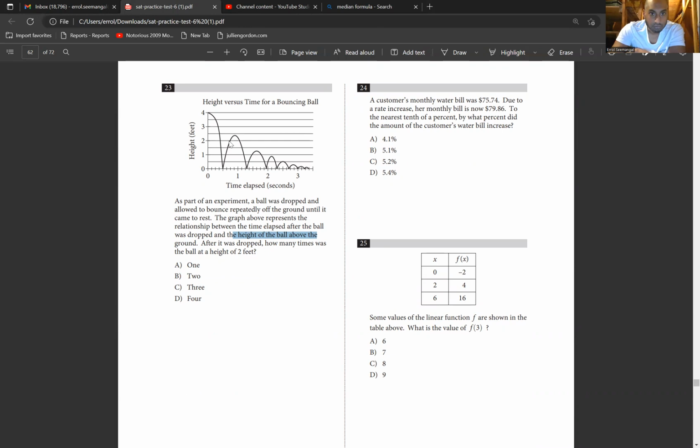There's your height of 2. 1, 2, 3, right? Right here, it's at 2 feet. Right here, so that's 3 times. Okay. Make sense?